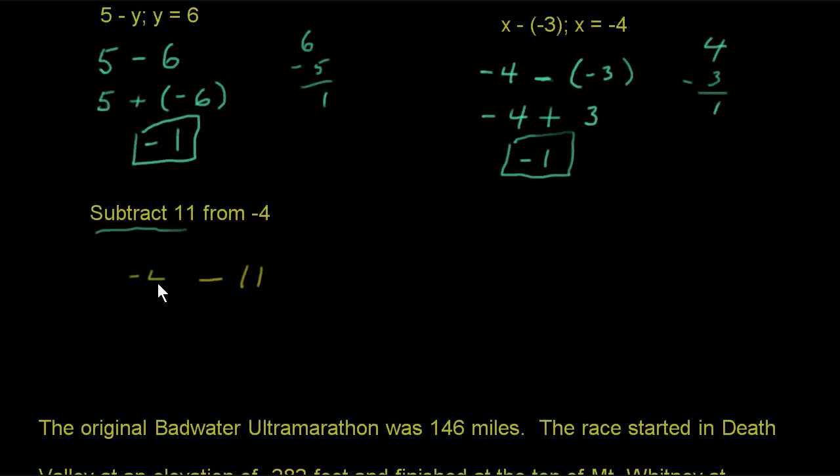Well, from -4. So I put the -4 in front of the subtraction sign. Rewrite it as -4 plus the opposite of 11, which is -11. And in this case, our addition rules say the signs are the same, so we add them up. 4 plus 11 is 15, and we take the common sign.